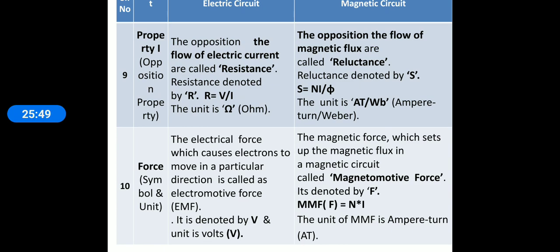In a magnetic circuit, the magnetic force which sets up the magnetic flux in a magnetic circuit is called magnetomotive force. It is denoted by F. F equal to NI. The unit of MMF is ampere turn.